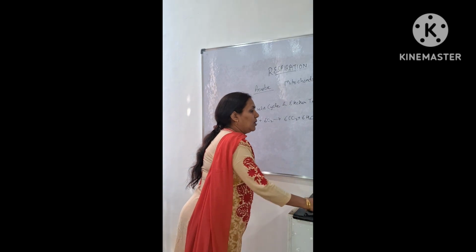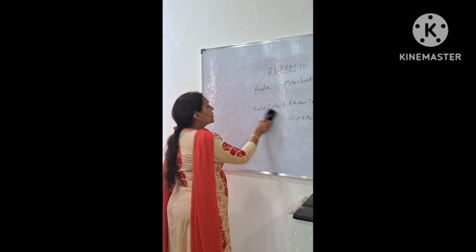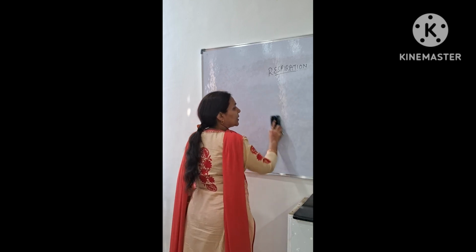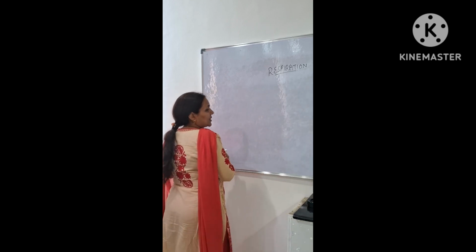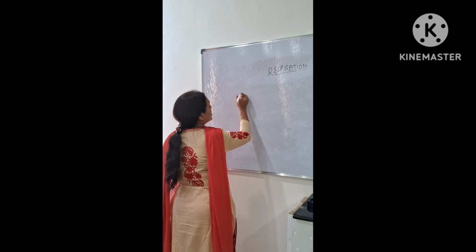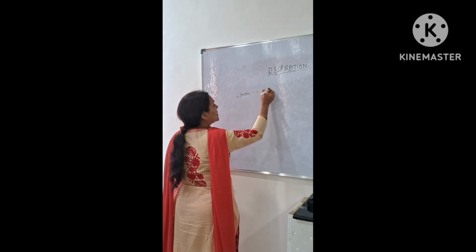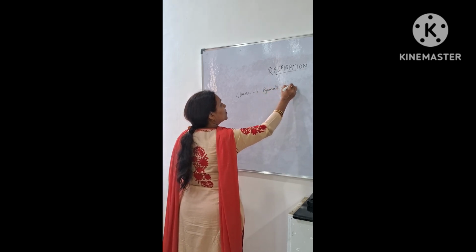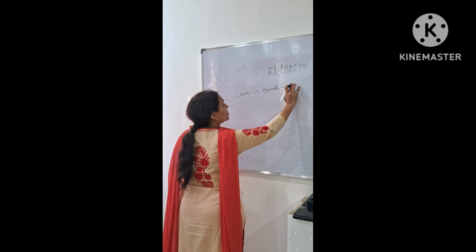So overall we can say, if we have to write an overview of the two types of respiration that occur, we can say that glucose leads to formation of pyruvate plus 2 molecules of ATP.